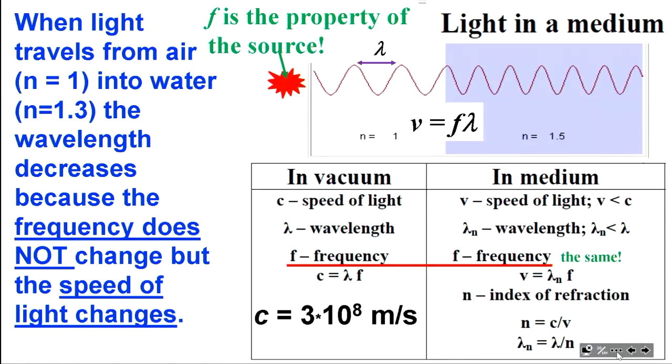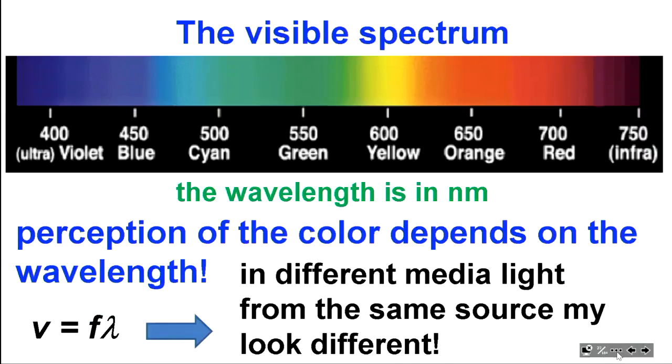And if speed changes for light, it slows down. That affects the wavelength. Wavelength also changes, shrinks. And the visible spectrum is described by a very narrow span of wavelength from 450 nanometers to about 700 nanometers. We cannot see beyond that spectrum.